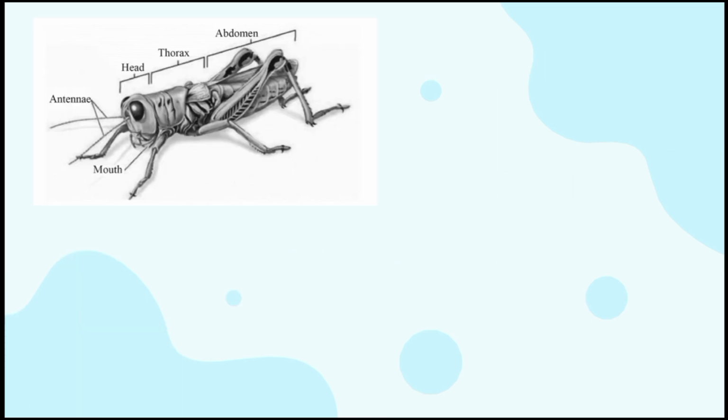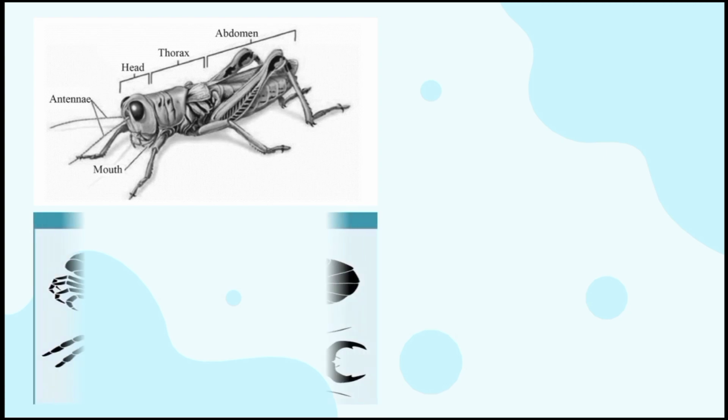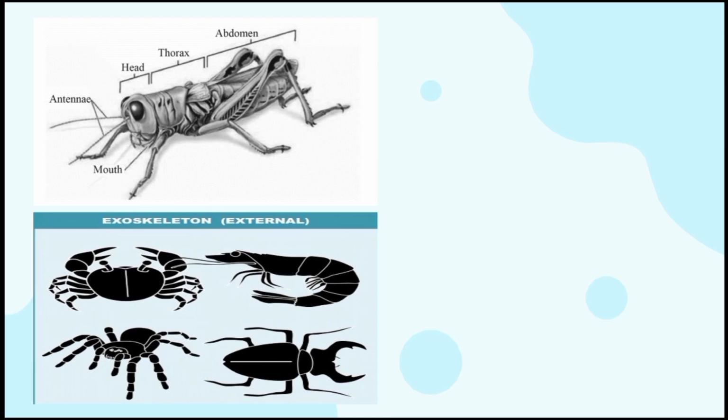As you can see on the first picture, the characteristic of arthropods can be seen. It should have head, thorax, and abdomen. On the second one, the exoskeleton, as we said a while ago, it provides framework for the animals.